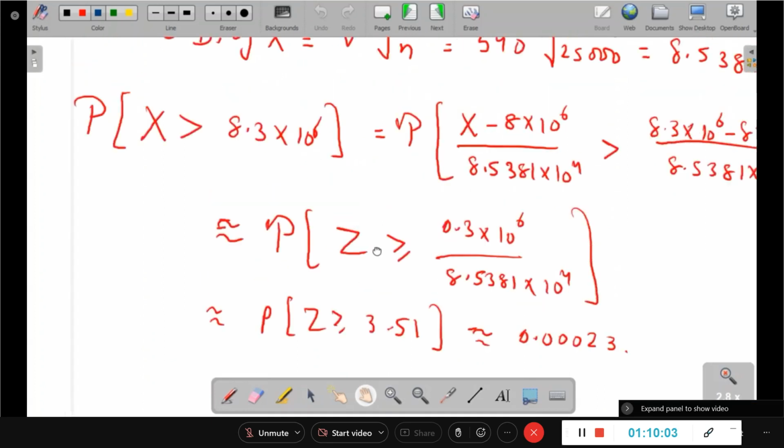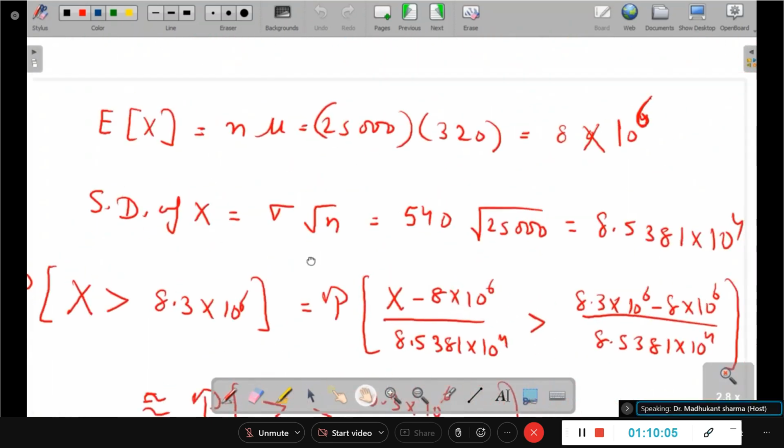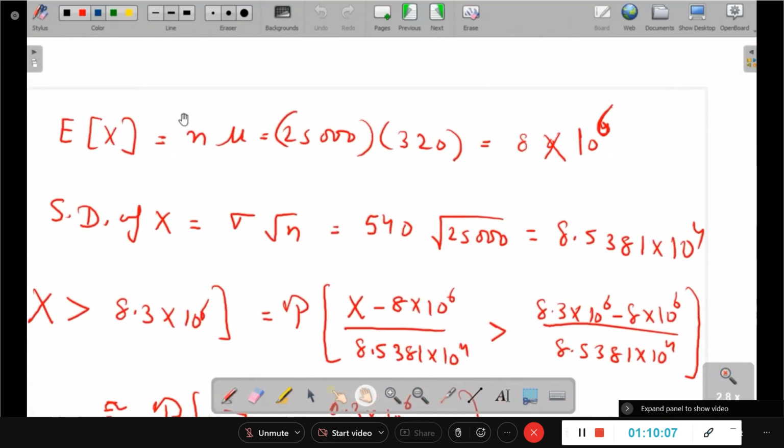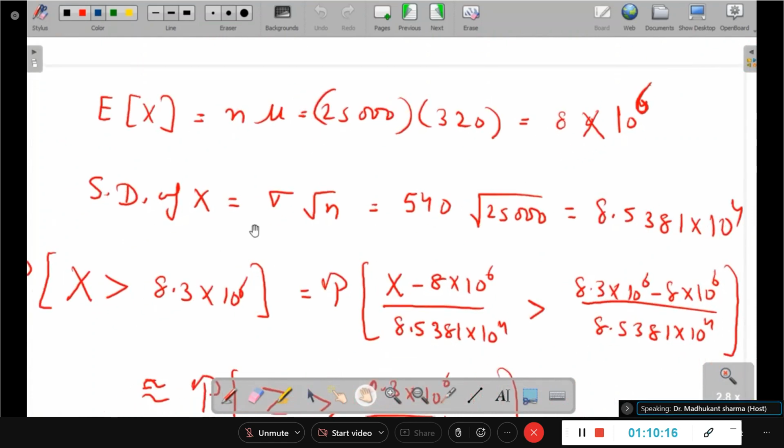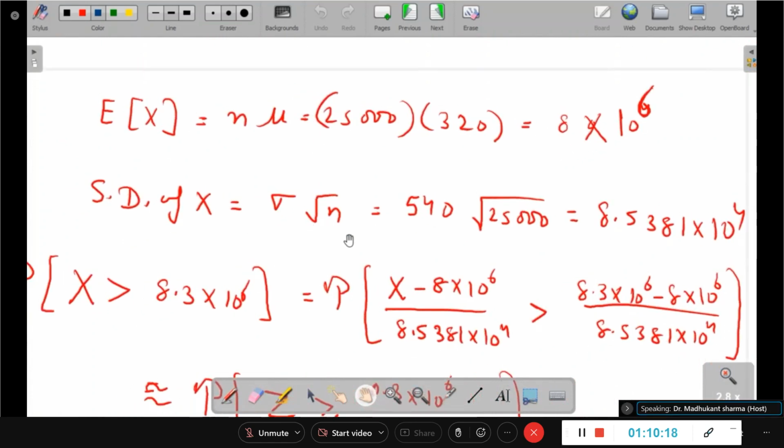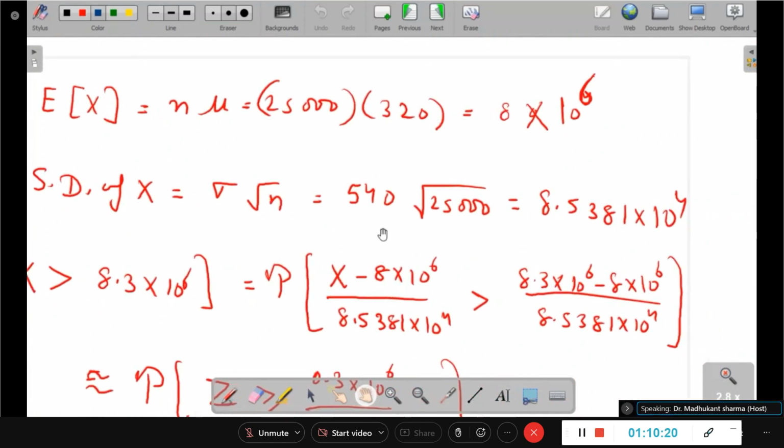So you have the following. The expectation of X, n times mu, if you translate it, is 8 into 10 to the power 6. And the standard deviation of X is sigma root n, that is 540 into square root of 25,000, and if you translate it, this is going to be this.